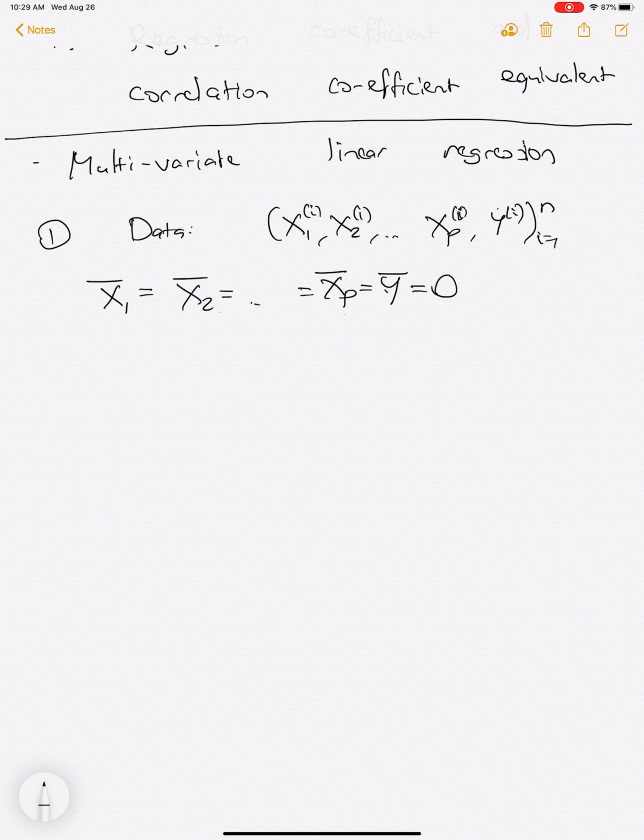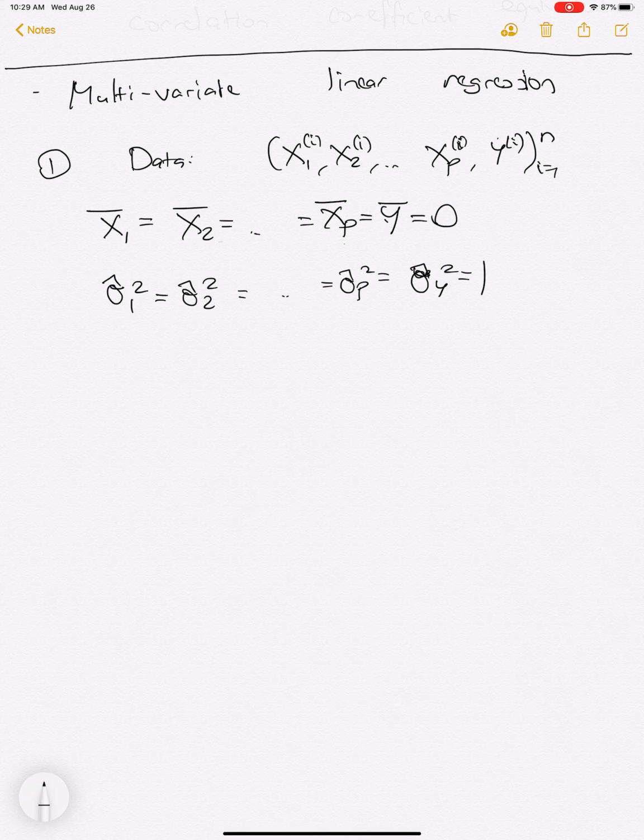And then we also have that... so we're doing the typical standardization, because we're going to see shortly that it makes our calculation much easier. Just to be clear, x bar j is just the sample mean.